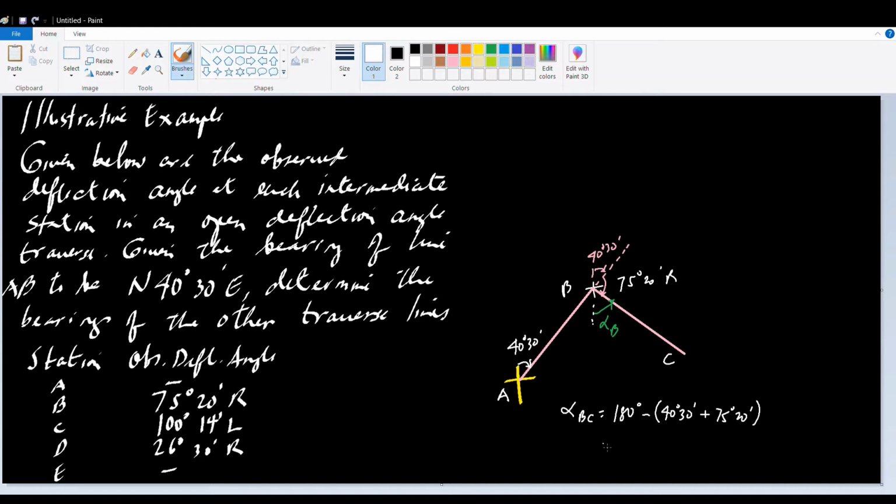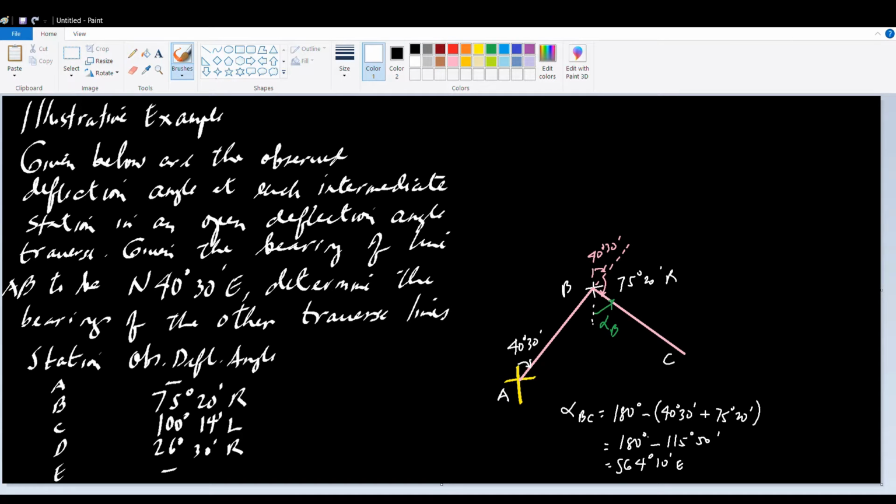So that will be 180 minus the sum, which is 115-50. 180 is 179-60, so that will be 64 degrees and 10 minutes southeast. Alright, so we check that 40-30 and 75-20 will be 115-50. Subtract from 179-60, that is 64. 60 minus 50 is 10.